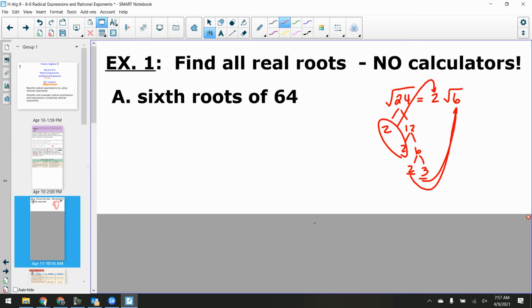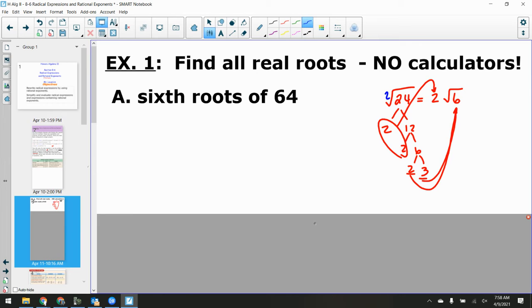The same thing is going to be true, but instead of buddying up, I need to find things that come together in a group of 6. Why was I buddying up? Because I needed to find equal groups of 2, since it was just a square root. That's why it was the buddy system, because I only needed one pair.